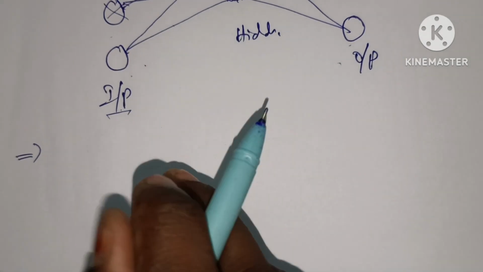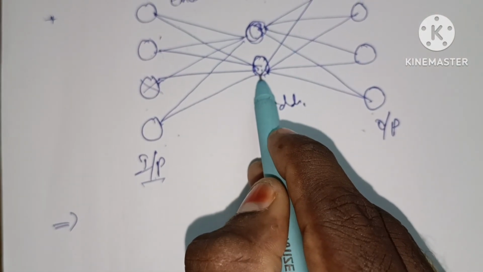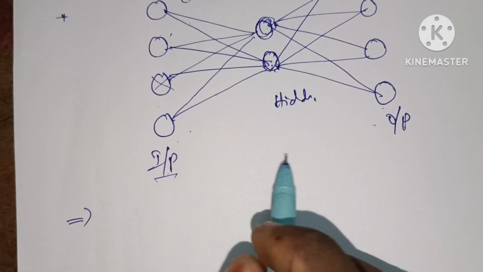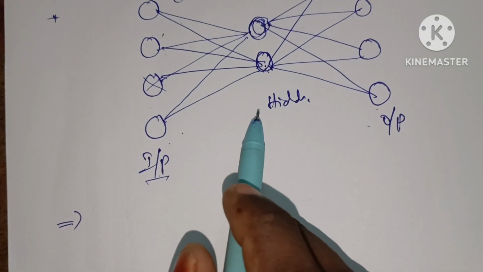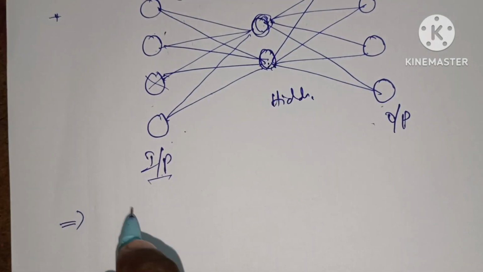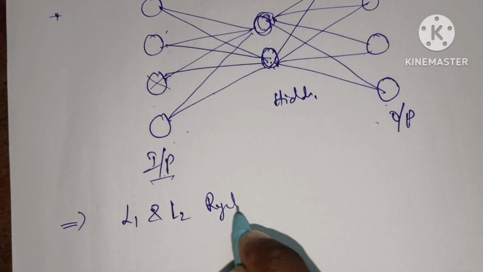Next point is the penalty. The penalty means if any hidden layer is decreasing or increasing, then automatically we apply some activation function. Clear? In that penalization technique we can apply L1 and L2 regularization.